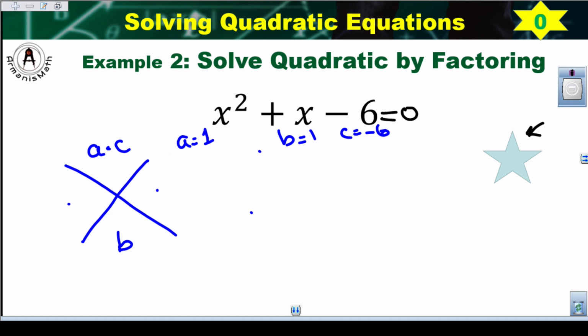So what's going to go at the top here is a -6. How about the B? Well, the B is the basement. Whatever that number is goes at the bottom here. That's 1. So now your brain is going, what are the 2 numbers that when you multiply them, you get -6, and when you add them, you get 1.